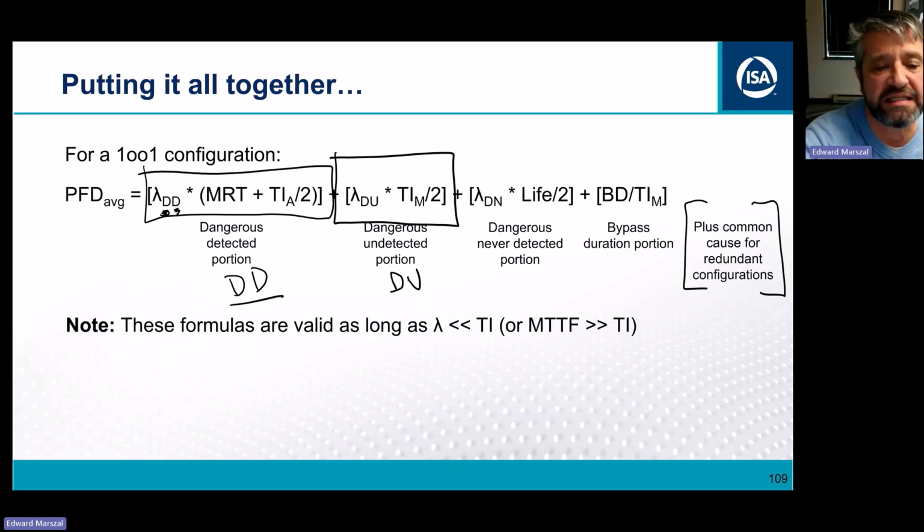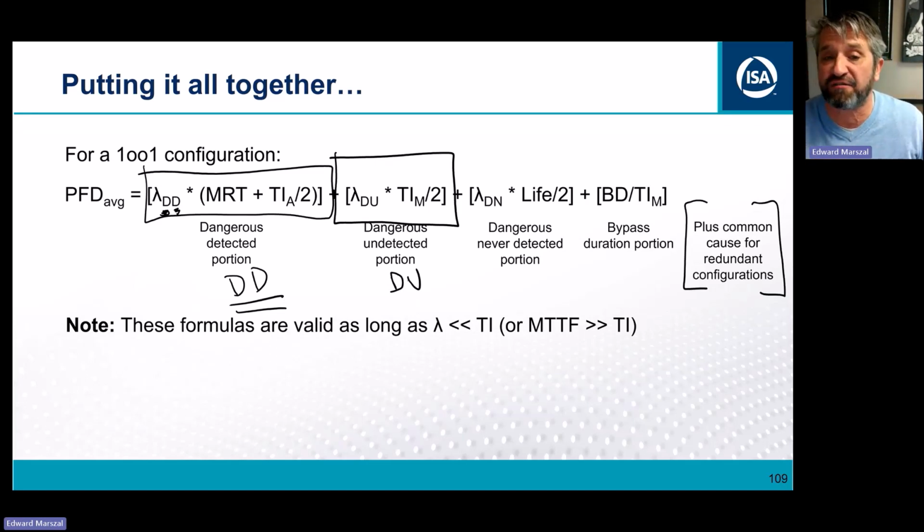So that's the DD term. If you choose not to shut down, even though you detected a failure, and you just continue to operate while that device is repaired, now you need to evaluate this term. The original 2002 ISA report assumed when you detected a failure, you're always going to shut down, but that's not always the case, so we had to add the term.